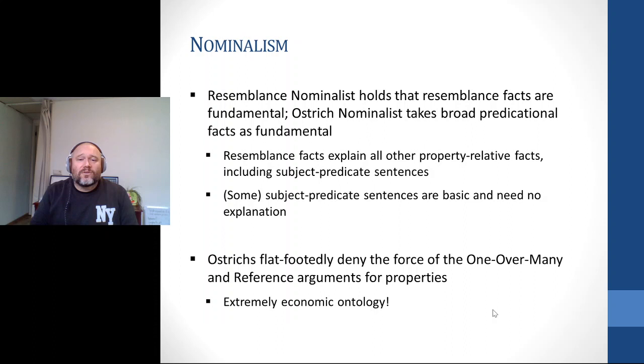Similarly, when faced with the reference argument, right, there's apparent need for a reference for predicates or a reference for terms like redness, the ostrich just says, no, I don't need to find a reference here. They'll bury their head in the sand to avoid these problems. In that sense, the ostrich nominalist has an extremely economic story, right? Because they don't even have to buy into any of the weird particulars that other people do. They can get by entirely with just everyday objects, or at least that's the hope.